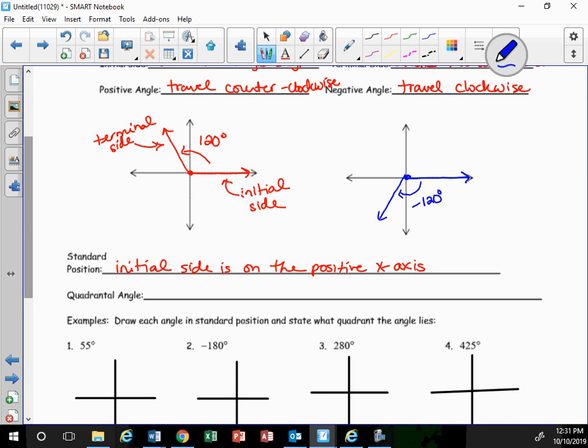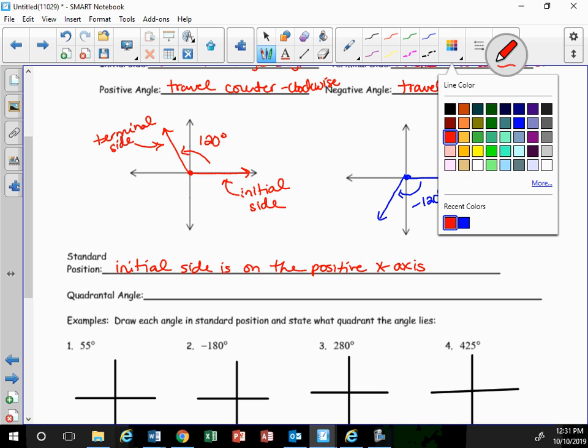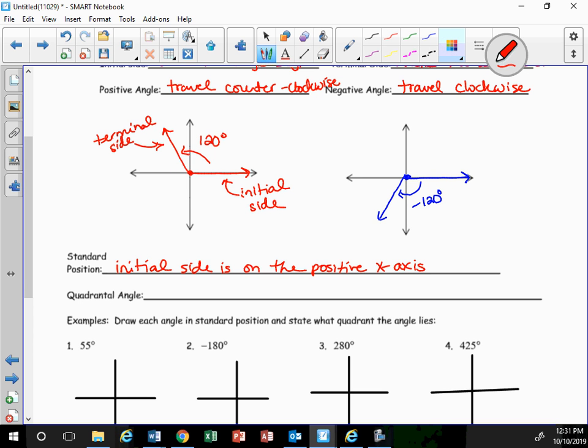Are we okay with the positive and negative? Okay. Next definition is for a quadrantal angle. I'm guessing you don't know that one. This is when the terminal side is on an axis.